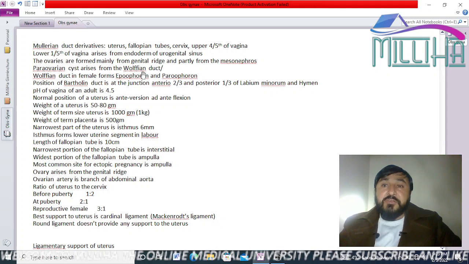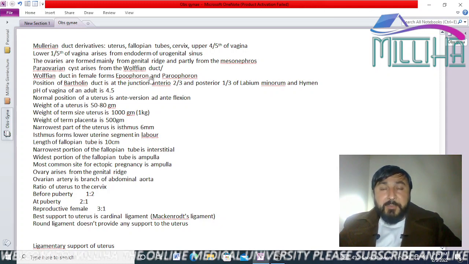Wolffian duct forms the male genital organs in a male child, but in female they regress and remnants are left. They sometimes can form a cyst that is called para-ovarian cyst. Okay, Wolffian duct in the female forms epoophoron and paroophoron. Epoophoron and paroophoron are also remnants of the male duct, Wolffian duct.